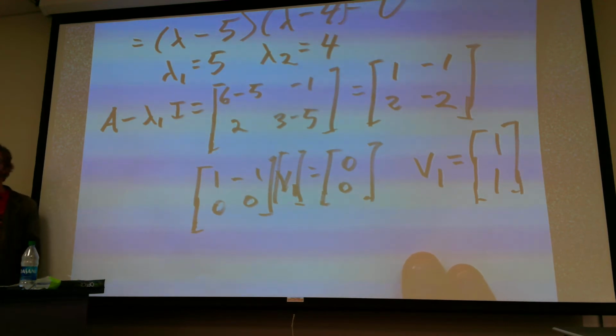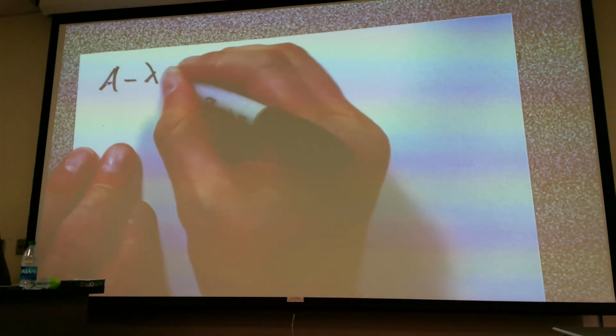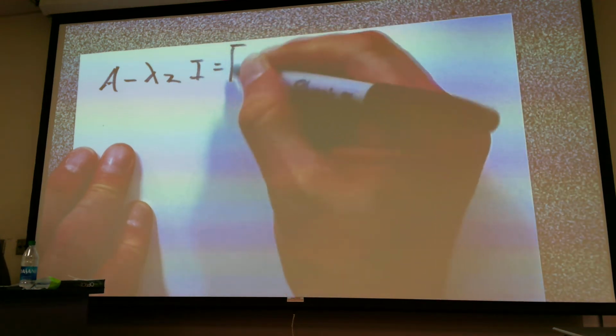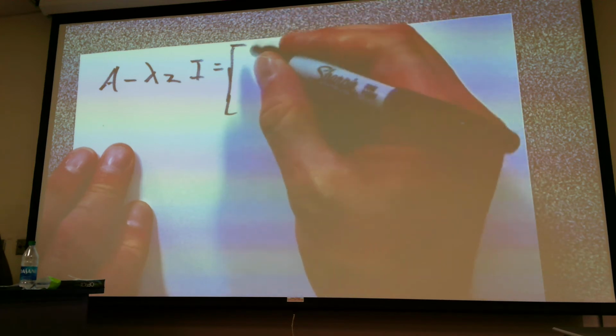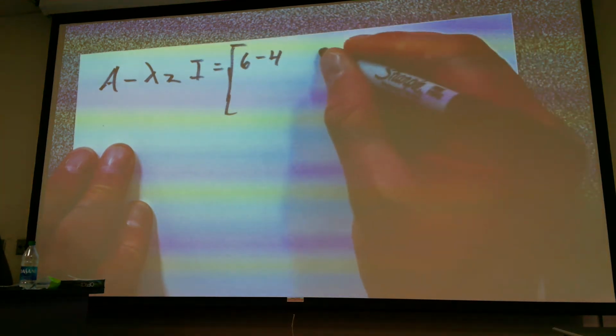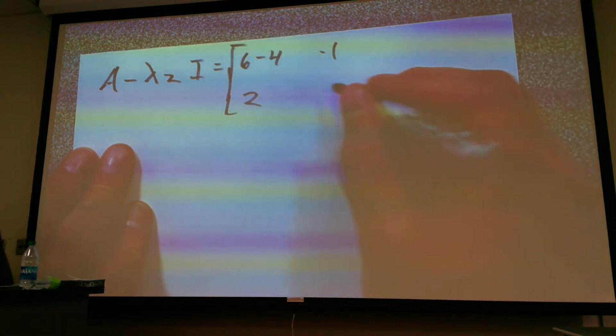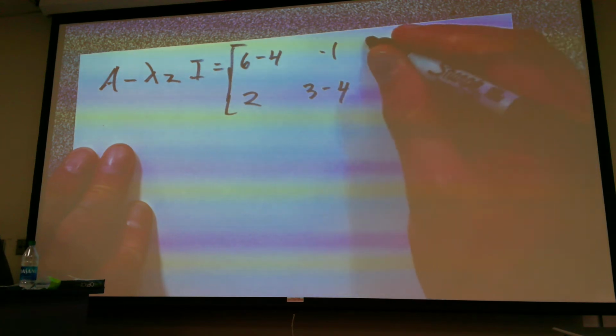Now let's find v2. For v2, we're going to be looking at A minus lambda 2 I. So that would be 6 minus 4, negative 1, 2, and 3 minus 4.